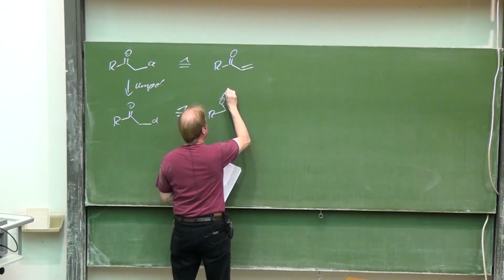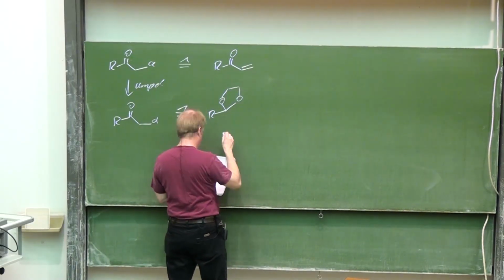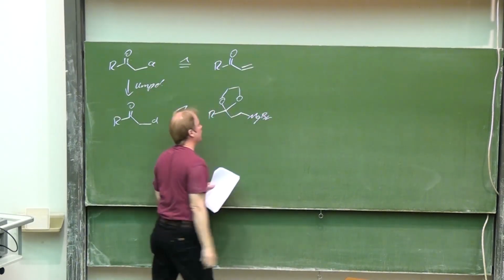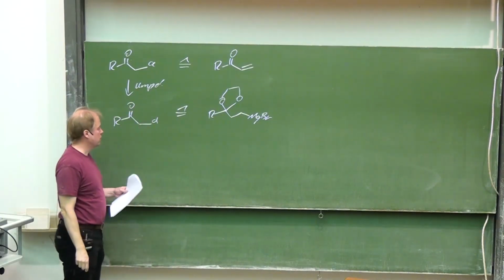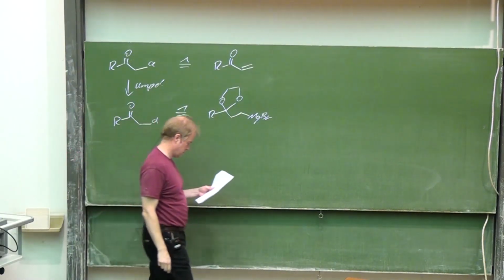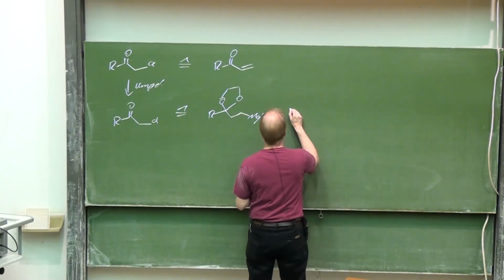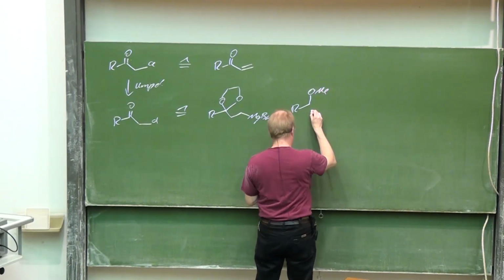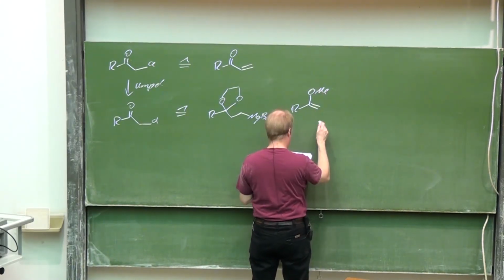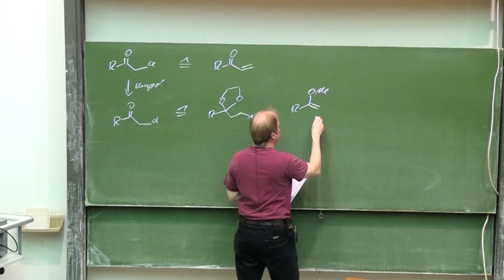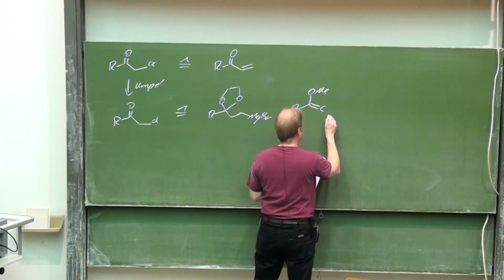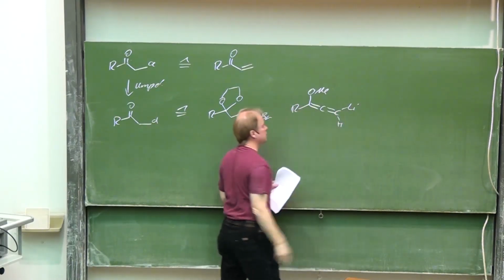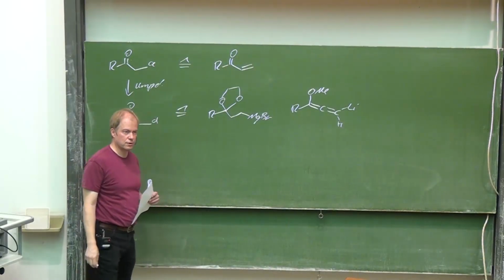That could be having a protecting group here, an acetal, and their Grignard reagent, or a bit more complicated, an enol ether, a cumulene lithiated here at this position.